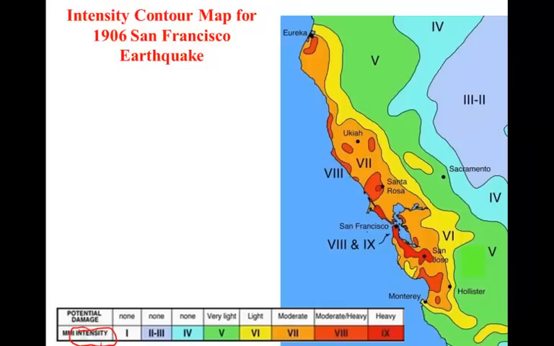This is an intensity map not for the 1989 earthquake, but for the 1906 earthquake. Its epicenter was approximately there. Now, you would generally expect intensity to decrease with distance from the epicenter.